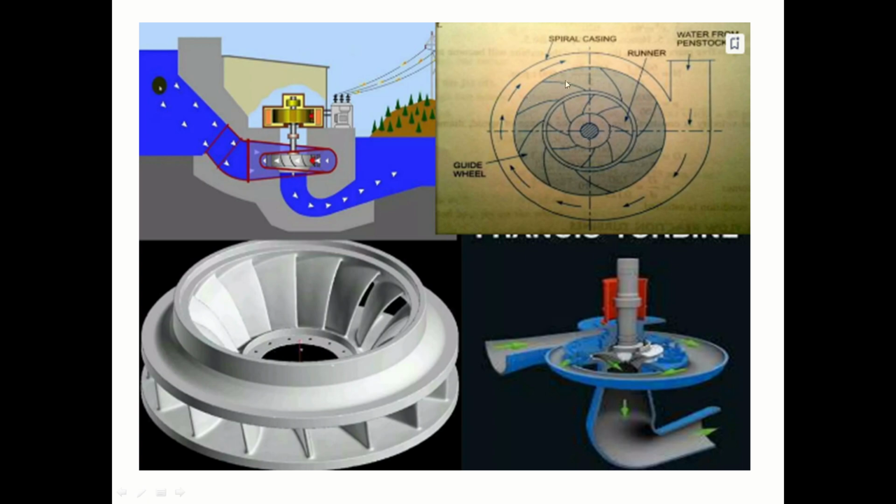You can clearly see here from the casing to the guide wheel, then to the runner. In this process, there will be a pressure difference between this guide wheel and this runner. Because of this difference of pressure, the Francis turbine rotates. Here you can see very clearly the outer wheel and inner wheel. This is what a Francis turbine is.